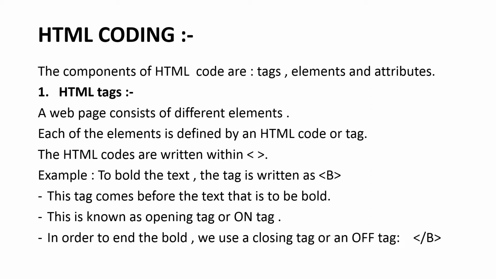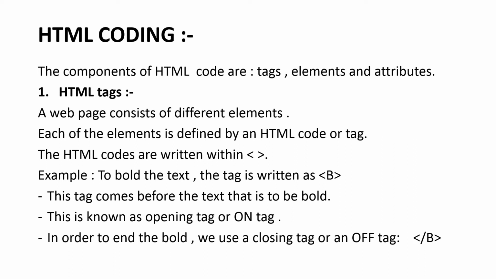Now in order to end the effect of the bold tag, we use a closing tag. Since we have opened the tag, we use a closing tag to close the effect of that tag. We use the closing tag, which is also called an off tag.